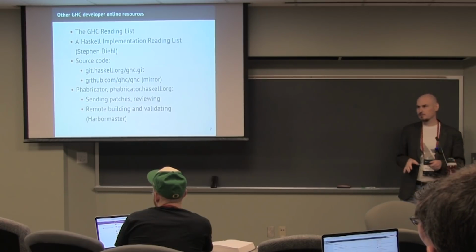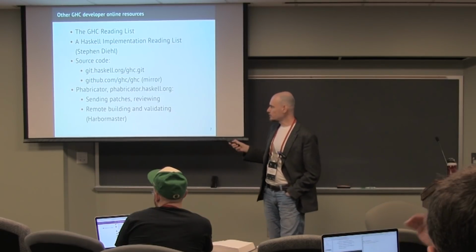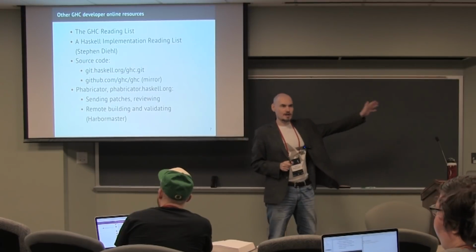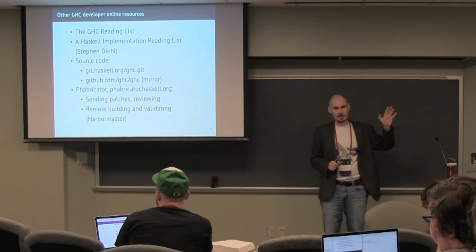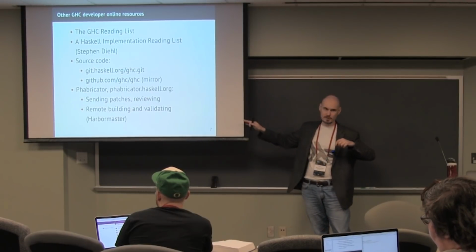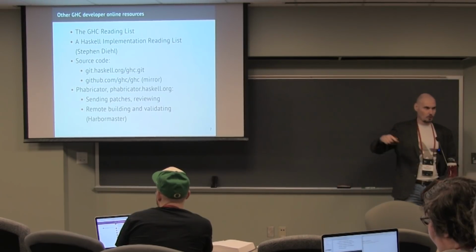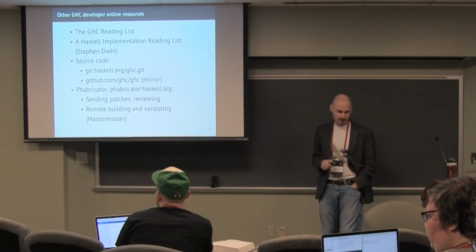There are many tests available, so we use Harbormaster for that. But it's all integrated in Phabricator. So we have Trac with issues, where you can find information about issues. And then if you implement something, you go to Phabricator and send a patch there, and then follow its process of reviewing and everything else.